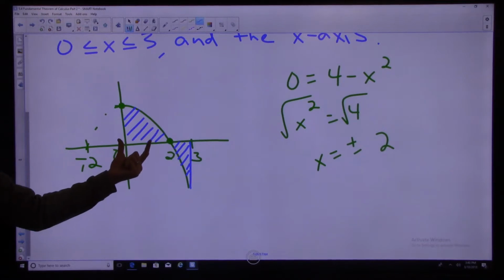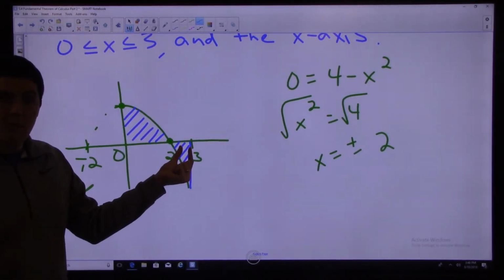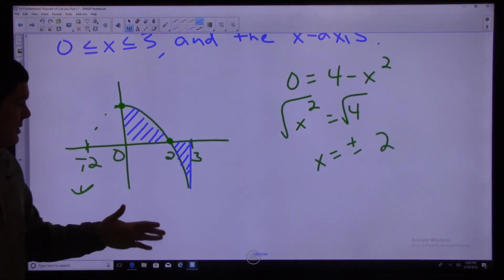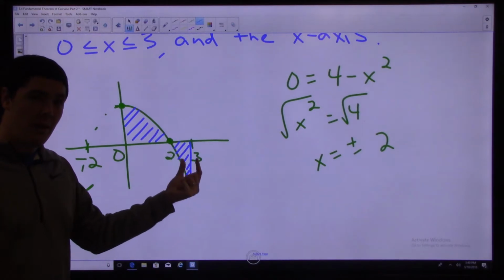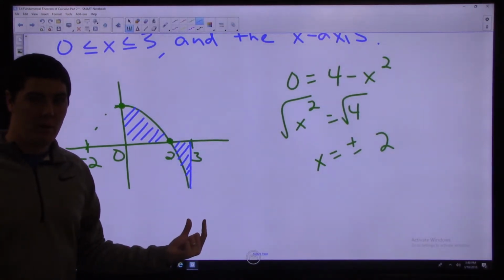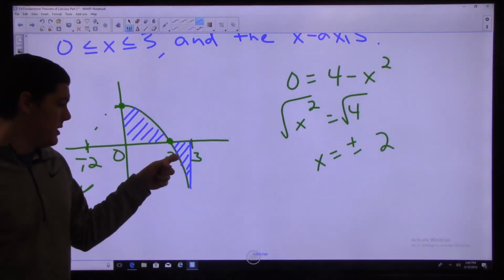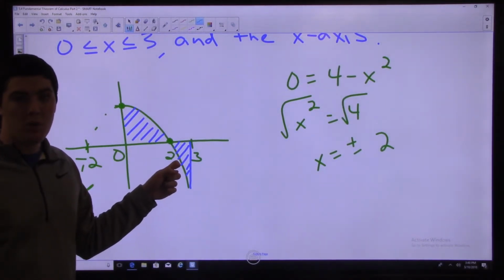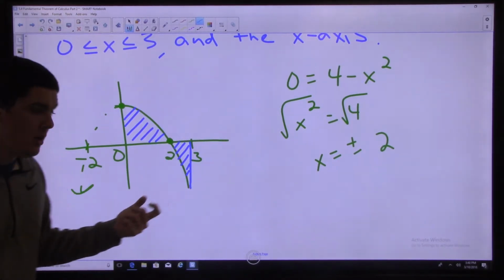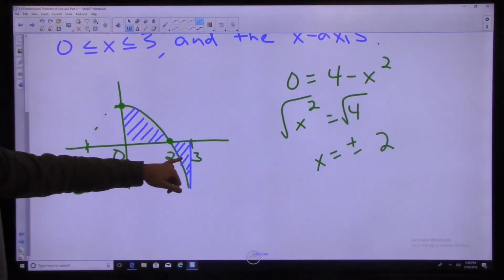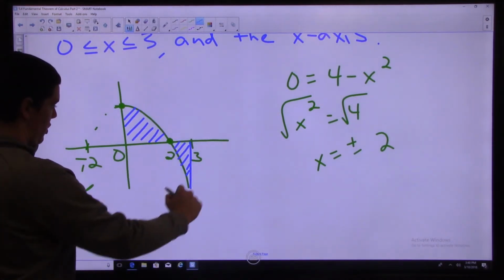So I could find the area under the curve from 0 to 2, and then I could find the area under the curve from 2 to 3. If I find the area under the curve from 2 to 3, it's probably going to give me a negative area, and I'll have to take the absolute value of it. Okay? So if it gives me, I'm just making up a number here, negative 4, then the actual area is going to be 4. Does that make sense? So it should give us a negative area here. We're going to make it positive if we want to talk about the area between the curve and the x-axis.